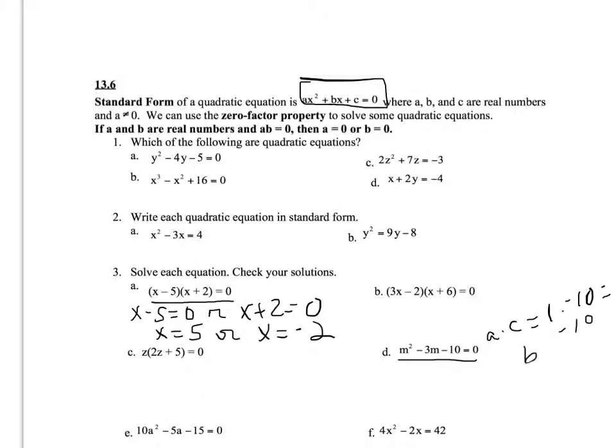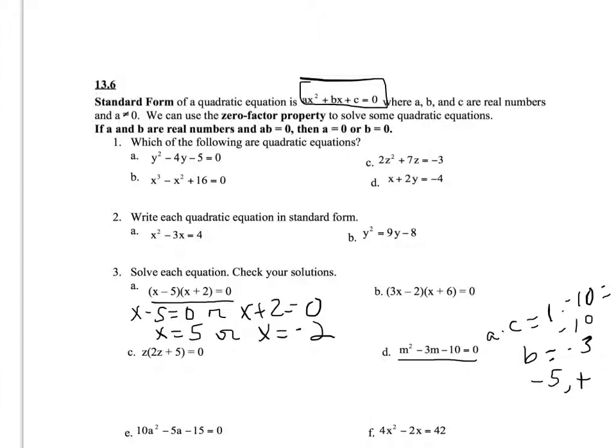But it has to add to give me this middle term where the coefficient is a negative 3. Well, the pair of numbers I can multiply to get a negative 10 and add to give me a negative 3 would mean to multiply to get a negative, one number is negative, one number is positive, and the correct pair would be a 5 and a 2.